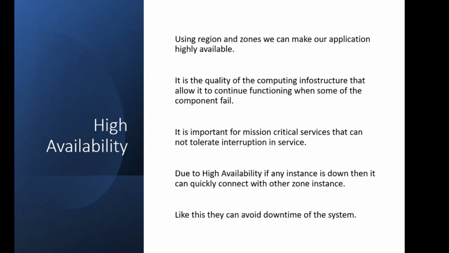Due to high availability, if any instance is down, then it can quickly connect with other zone instances. Like this, they can avoid downtime of the system. So that is the very important scenario, higher availability, when we want to deploy our applications in a cloud environment.